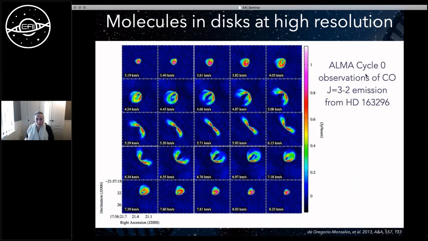And what you're looking at is emission from the CO molecule J = 3:2 transition. And you're looking at the emission from this transition as a function of space, so right ascension and declination, but also as a function of velocity. So we're stepping through in velocity space.